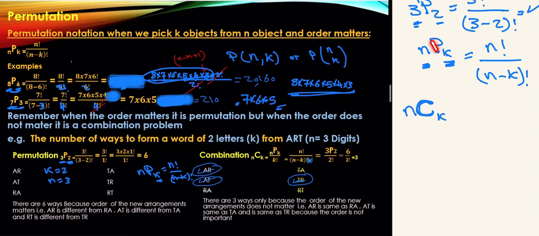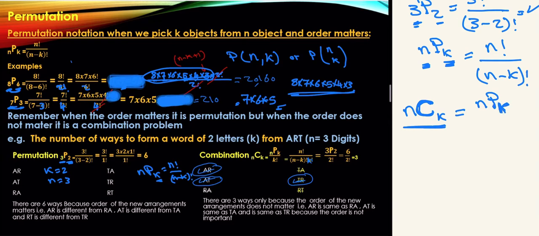In combination, we have to choose k objects out of n objects. So how can we write it? It is easy, just convert it into permutation. So it will be nPk, permutation.